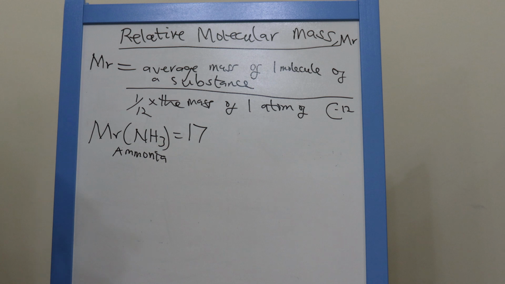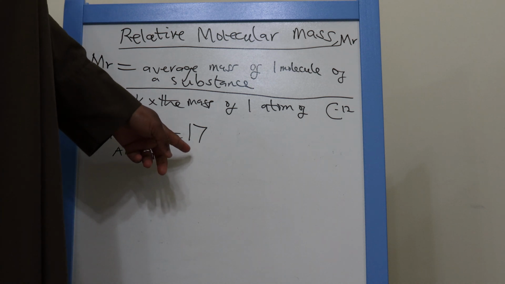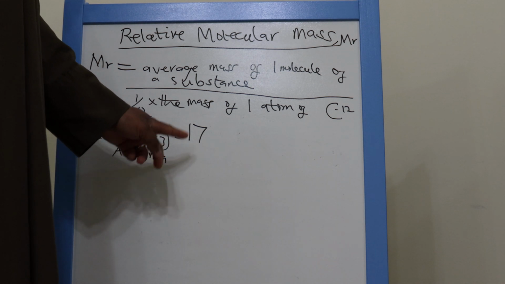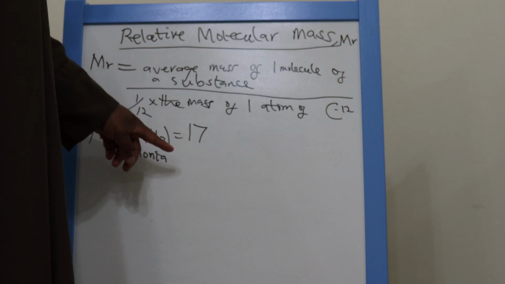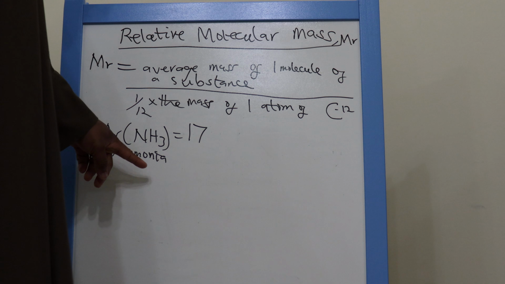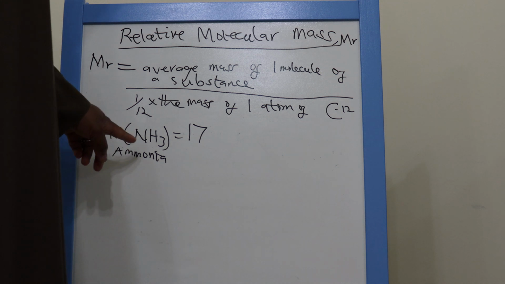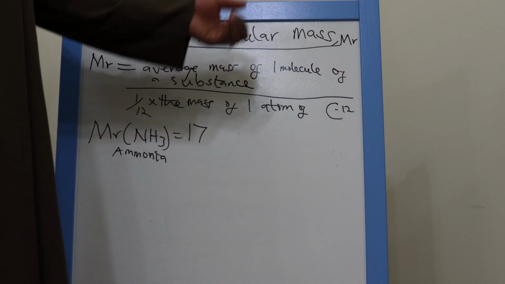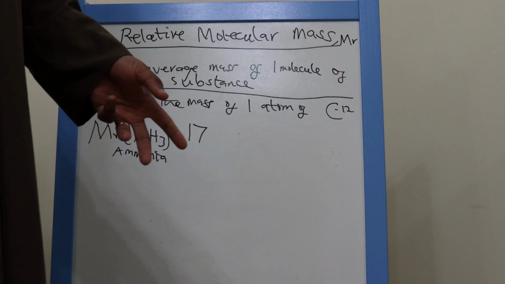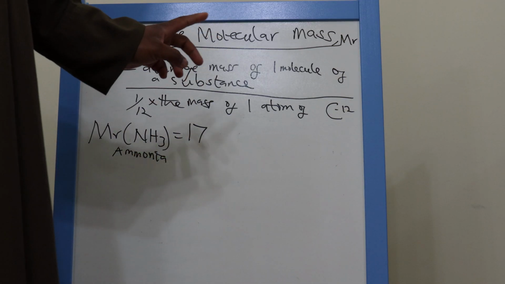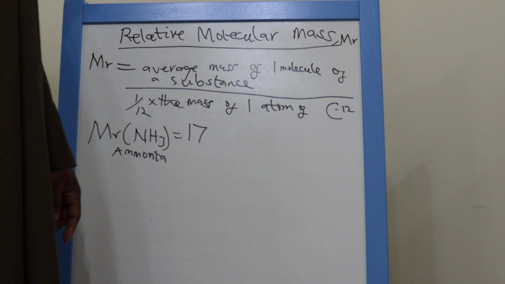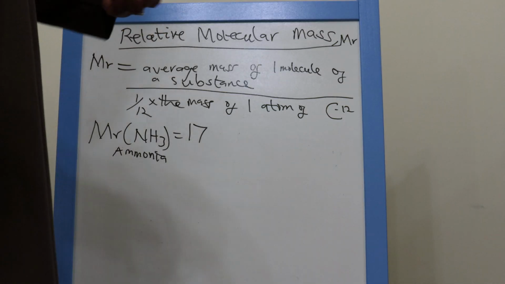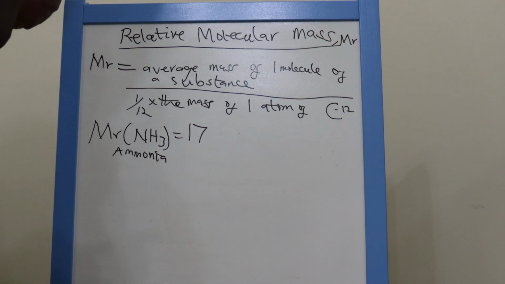When we say the relative molecular mass of ammonia is 17, it means the molecule of the chemical compound ammonia is 17 times as heavy as one atom of carbon 12.